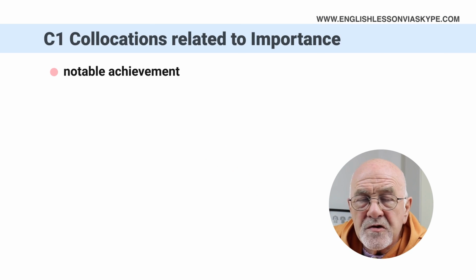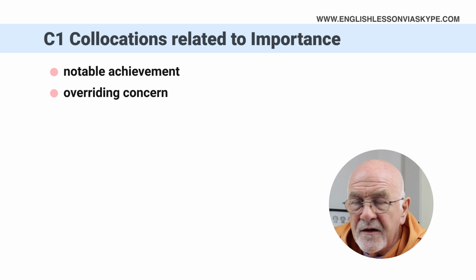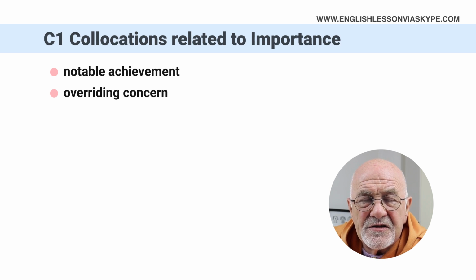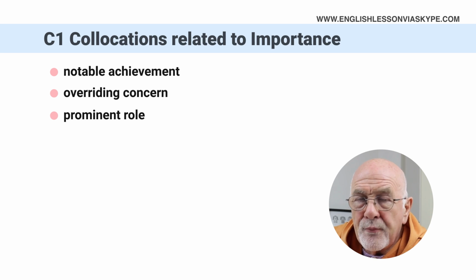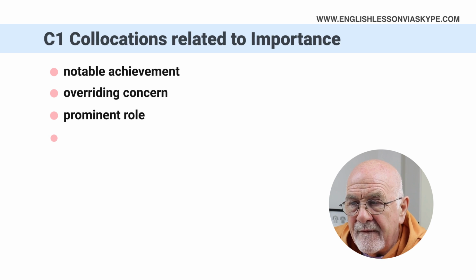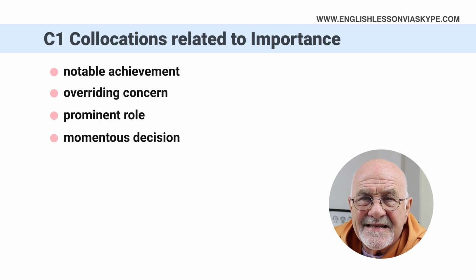So I'm going to give you these collocations for importance and I'll go through them. There are 10 of them. Again, as always, 10, and then we'll go back and look at some examples. So here they are. Notable achievement. Overriding concern. Prominent role. Momentous decision.